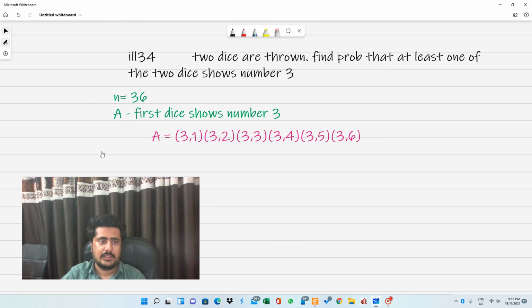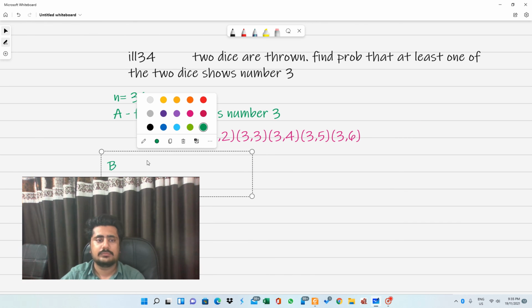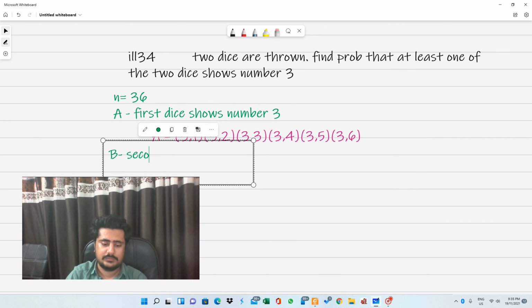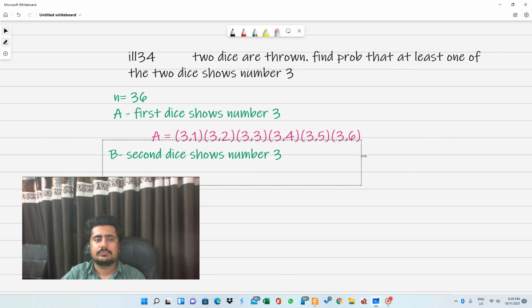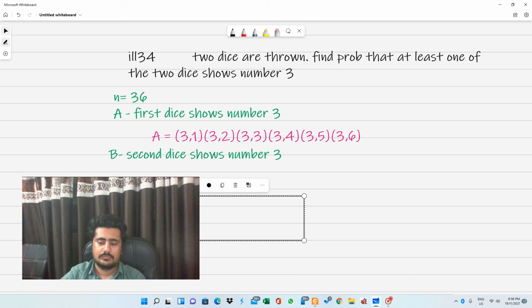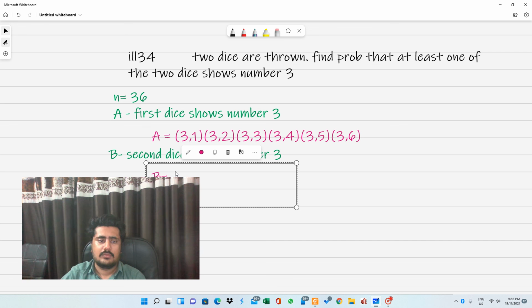Now I'll make event B: second dice shows number 3.